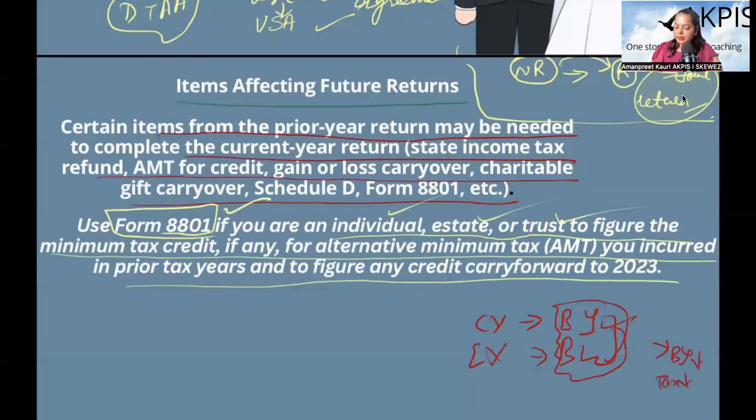If you are claiming any kind of tax credit from the previous year, you are supposed to file this Form 8801. Why is this form important? Because at the time of current year filing, the authorities as well as the taxpayer, or maybe a representative of the taxpayer, for example a CPA or EA, will get the entire information from this Form 8801 for the purpose of tax credits which can be claimed in the current year, that is 2023.